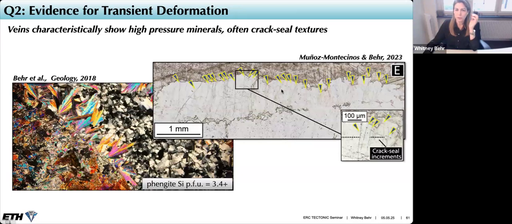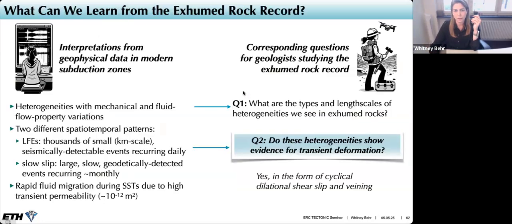Additionally, at the microscale, it's very common to find evidence for crack-seal textures that support the notion of multiple incrementally opening events over time, brittle cracking events. And they often preserve very high pressure minerals, so we know that this is occurring during the prograde stage as opposed to later.